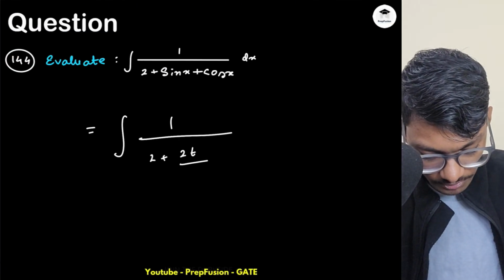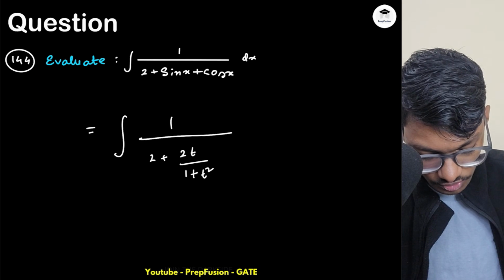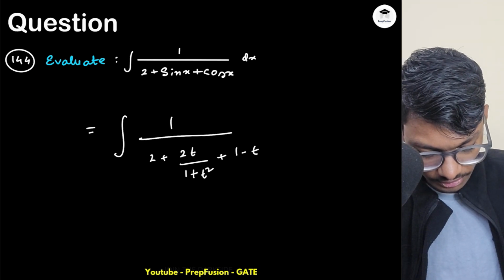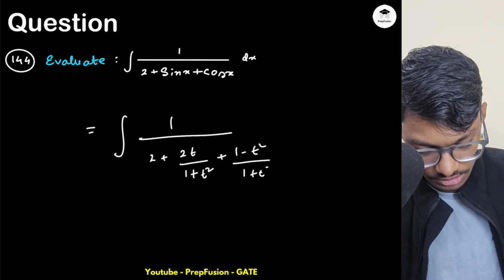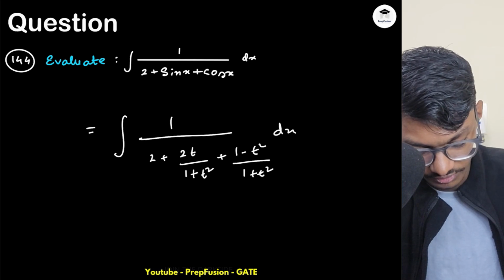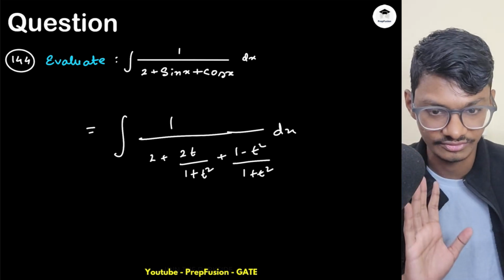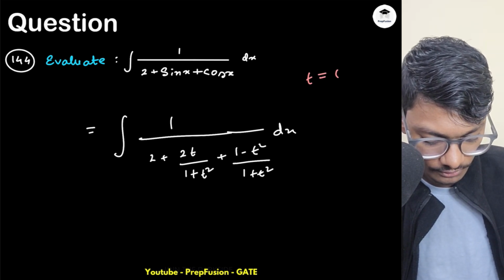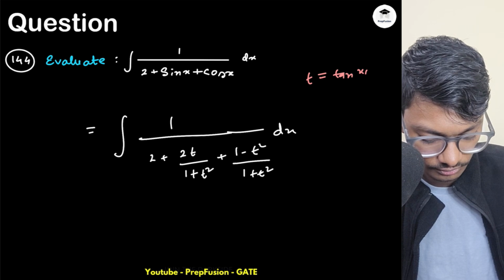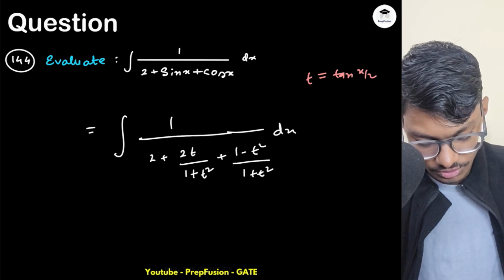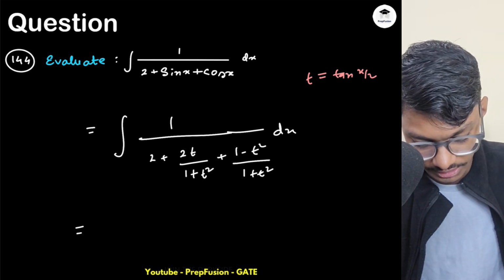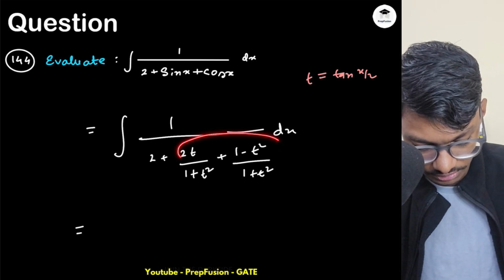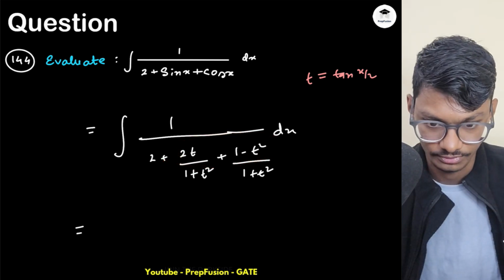So this will be 2t by 1 plus t square plus minus t square by 1 plus t square, and I have dx over here because I haven't replaced any variable, it is understood that t is equal to tan x by 2. So now I can write this simple thing as 1 minus t whole square, right?